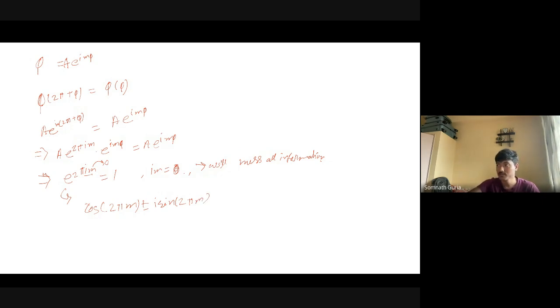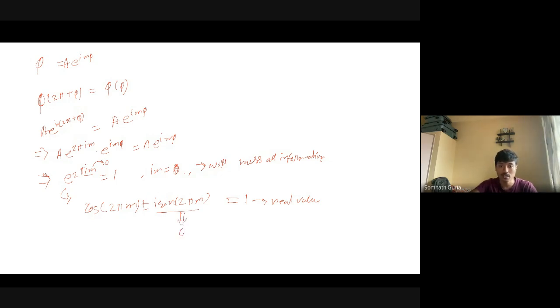So from here, e to the power 2 pi im equals 1. That means this right hand side is the real value, so the imaginary part should be 0.